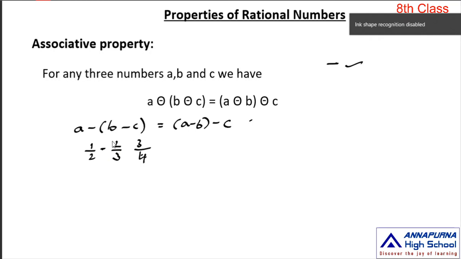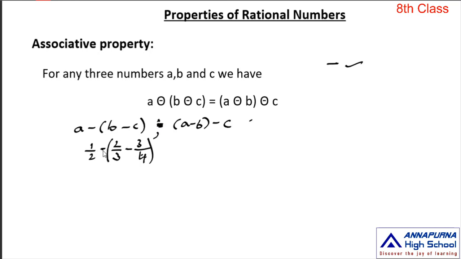LHS, that means 1/2 minus (2/3 minus 3/4). First I am subtracting the third number from the second number, then I subtract the result from the first number. That means here I am applying the second subtraction first. So 1/2 minus (8 minus 9)/12, LCM is 12 and the numerator is 8 minus 9.